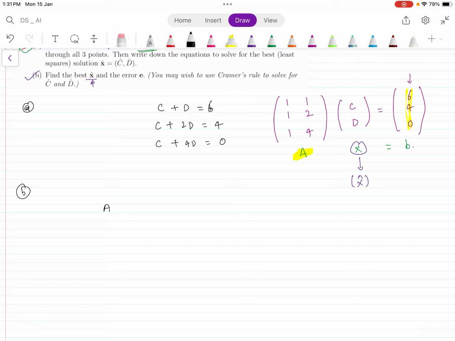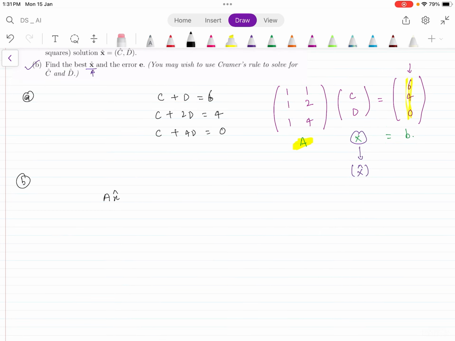Let's suppose there is some space in A that would be the projection of b, right? And the error will be perpendicular, or orthogonal, to the vector e, so that will give you 0.